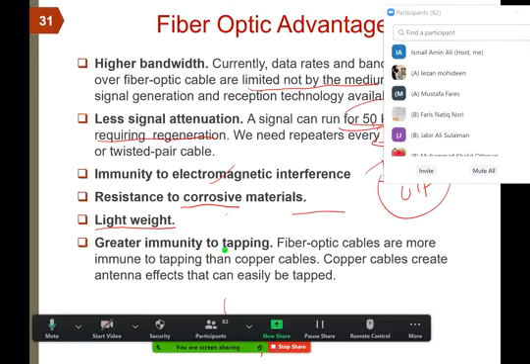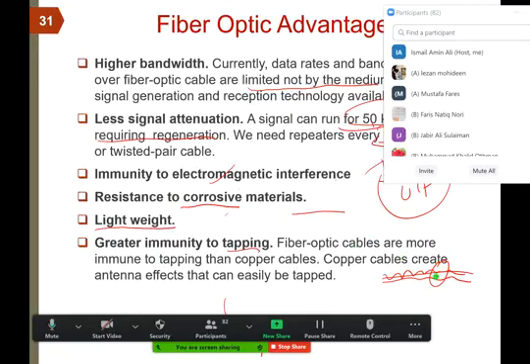Because it's light, you cannot tap the cable. Fiber optic cables are more immune to tapping than copper, which creates an antenna effect. If you have UTP, for example, and someone wants to listen to the signal, he can attach a loop around the cable, catch some of these signals, and amplify and filter them. He can listen.